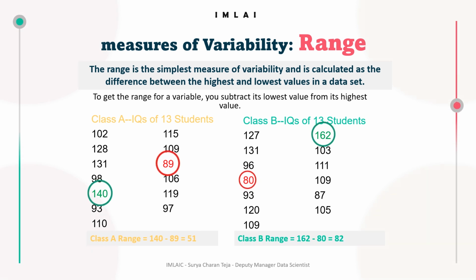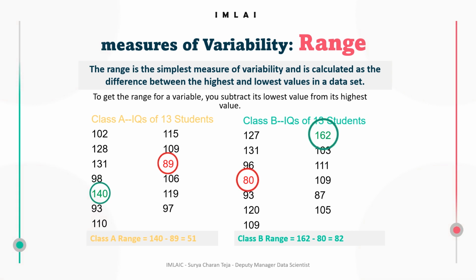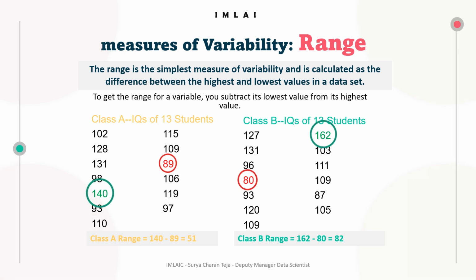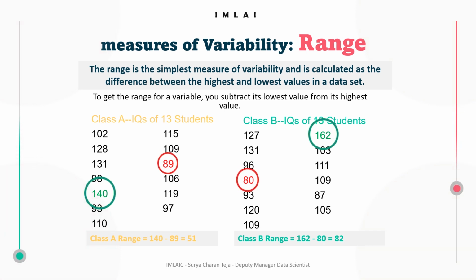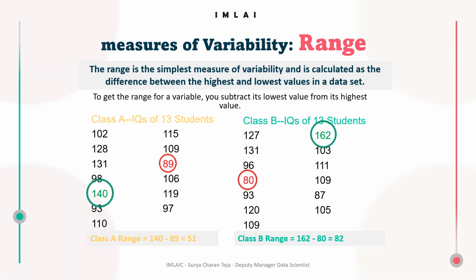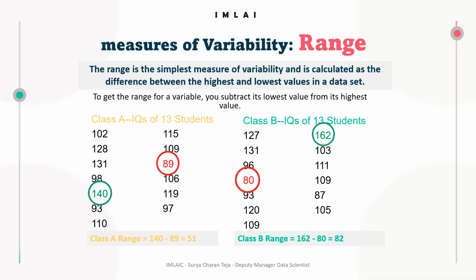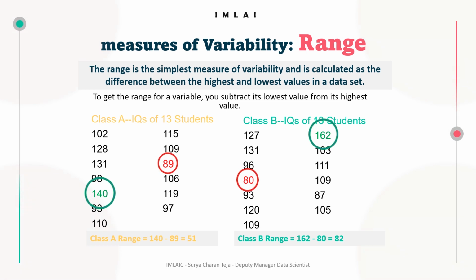Class B range is equal to 162 minus 80, because maxima minus minima, highest minus lowest, is 82. So what does it indicate? The class A range indicates that the scores are spread over a range of 51 points, and the class B range indicates that the scores are spread over a range of 82 points.